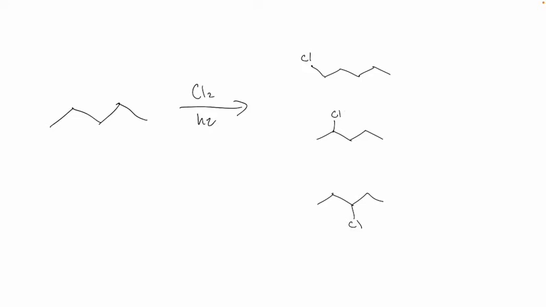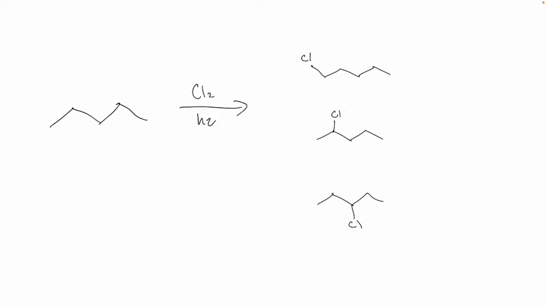To do that, I have to use these reactivity factors. On the one hand, yes, the more stable radical is going to be on the more highly substituted carbon. But there's also a bit of a numbers game here. The carbons that have more hydrogens have more of a chance of being substituted just by the fact that they have more hydrogens. So we have to take these 2 things into consideration using these reactivity factors.